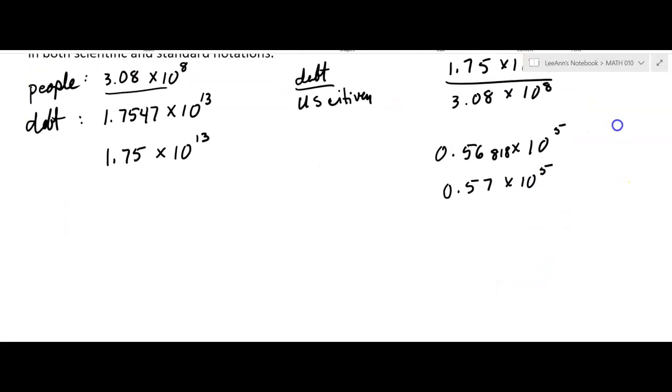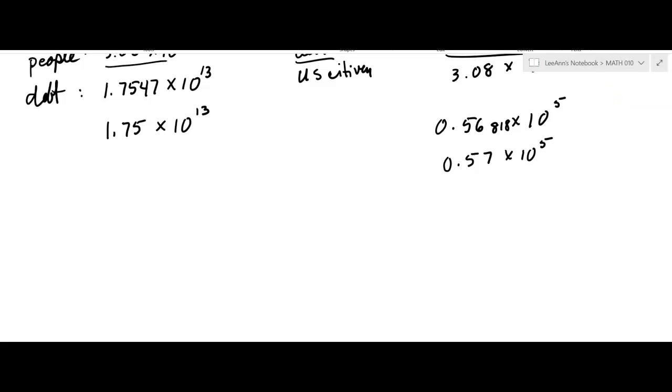But that's not in scientific notation, so let me change it. Oh, you know what? I'm going to need another decimal place. Let me make that 5.68 because it's going to be 5.68 times 10 to the, so let's see. I need to go 5 places.